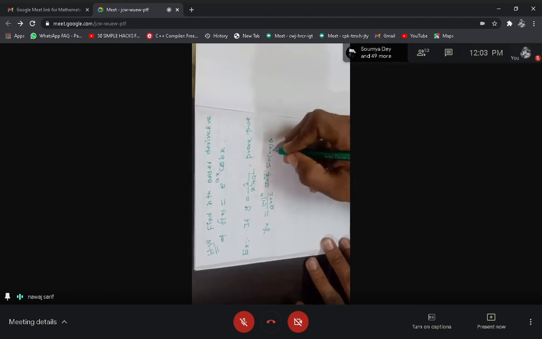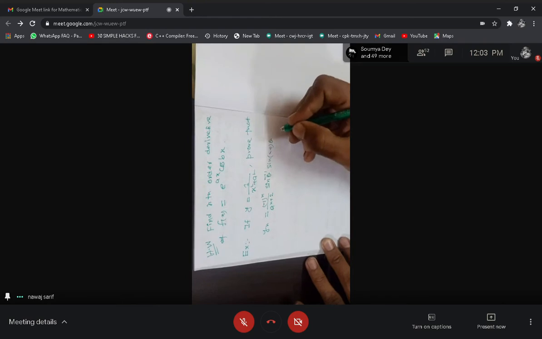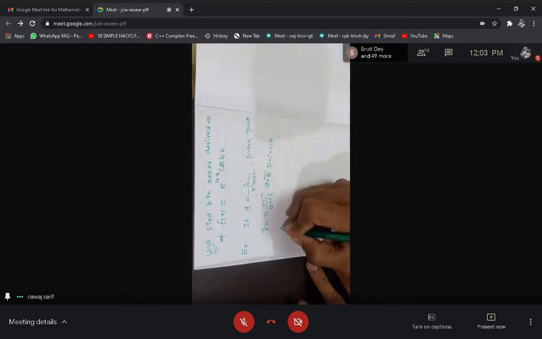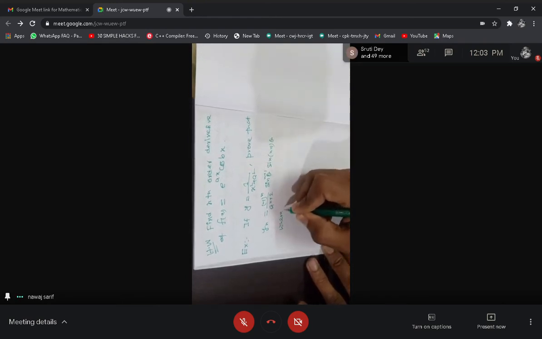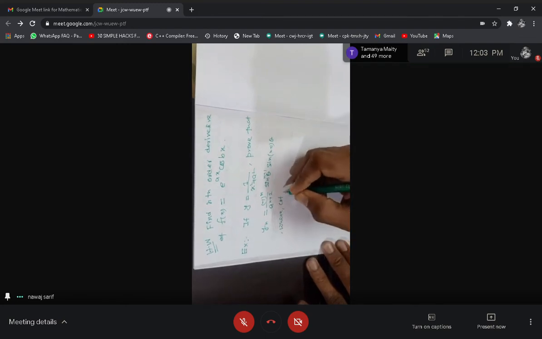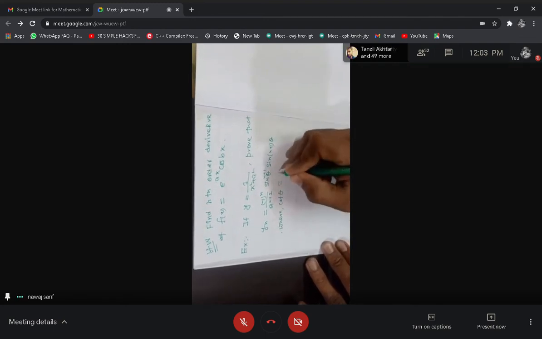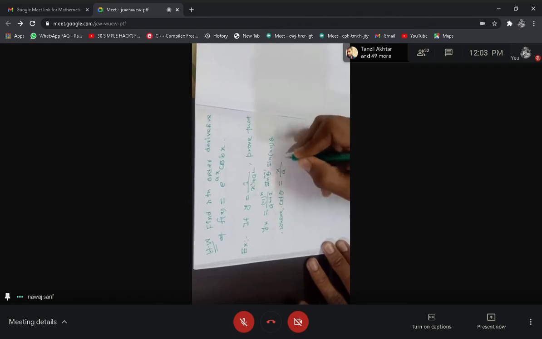This is the power and this is inside. Where cot theta equals x upon a.